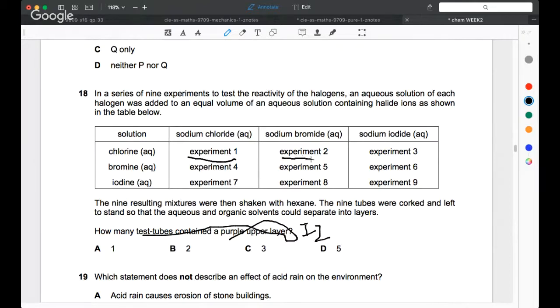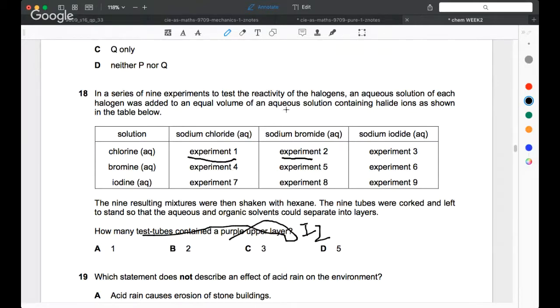Wait, no. Okay, right. You think this 3 is iodine? No, wait. Sorry, I'm so sorry.